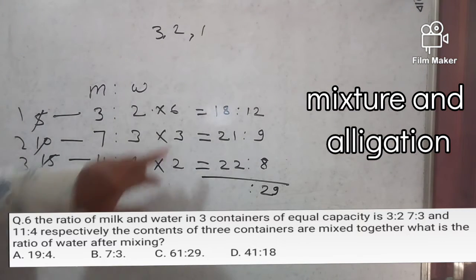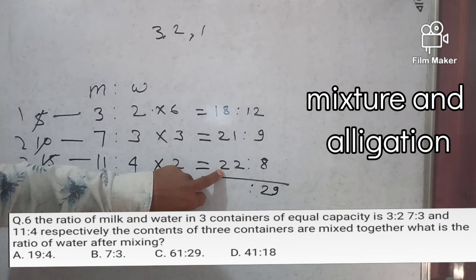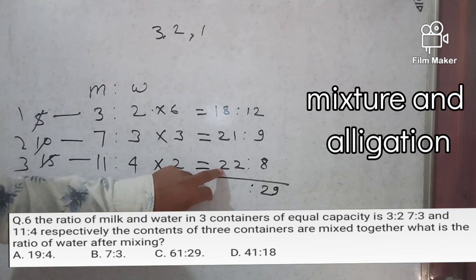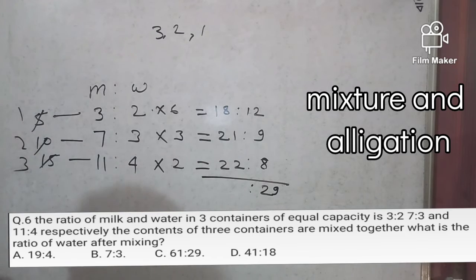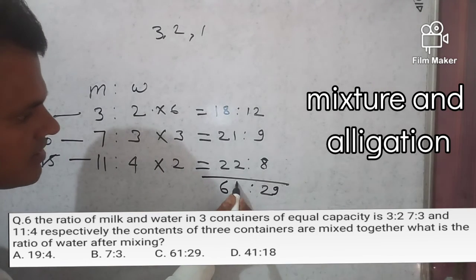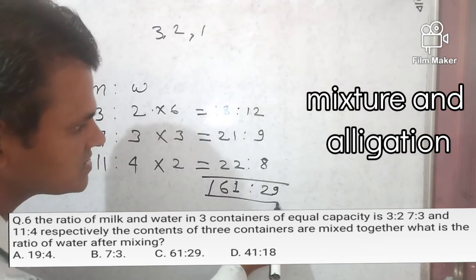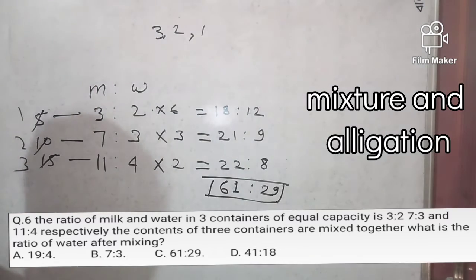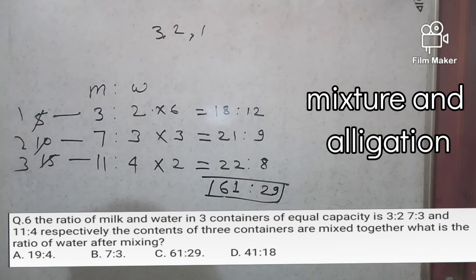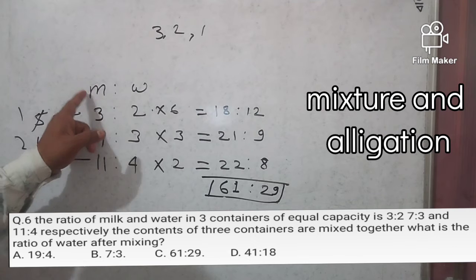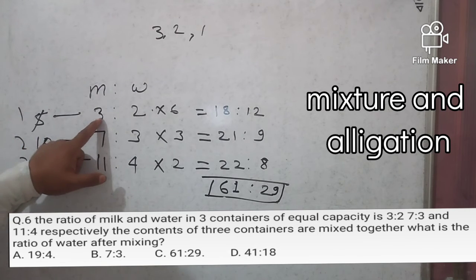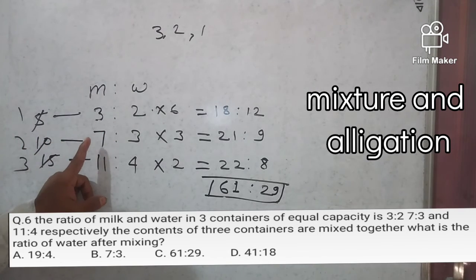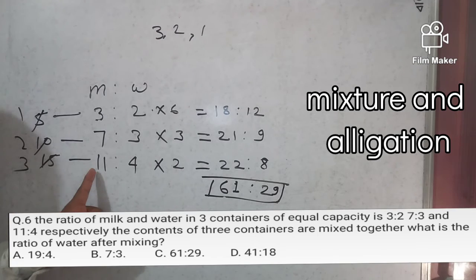Ratio 18 plus 22 will be 40, 40 plus 21 will be 61. So the new mix is 61:29, right?